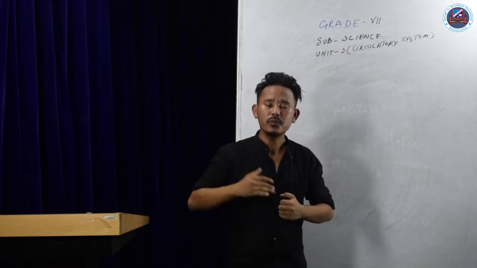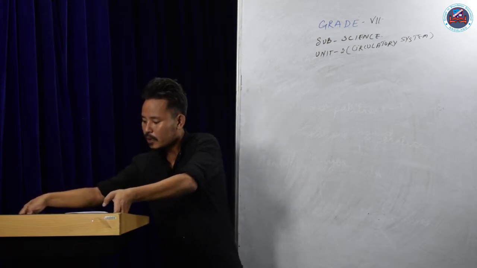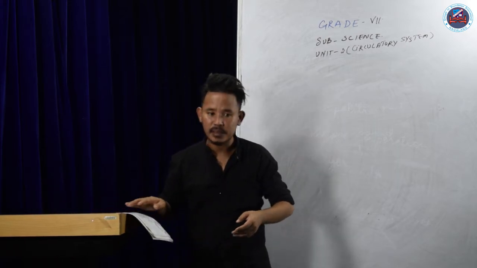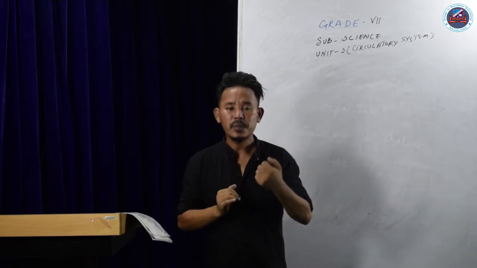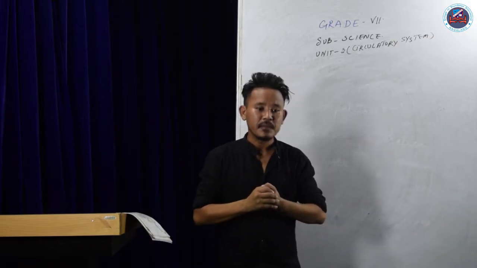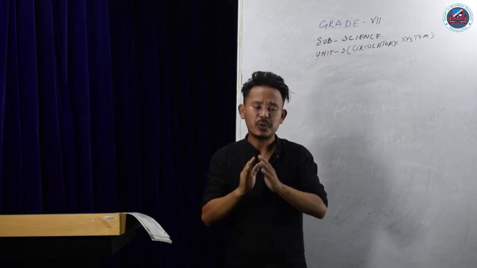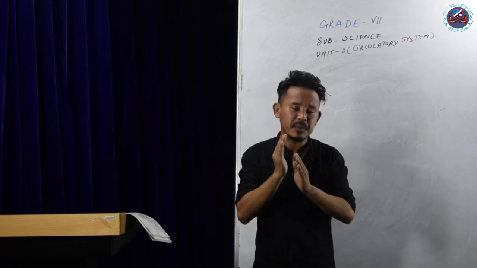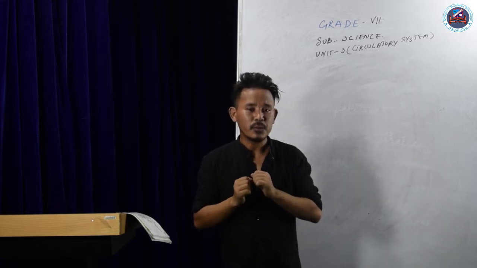Now, moving on, on page number 33 we talk about deoxygenated and oxygenated blood. What do you understand by oxygenated blood? When you say oxygenated blood, you come across the word oxygen.